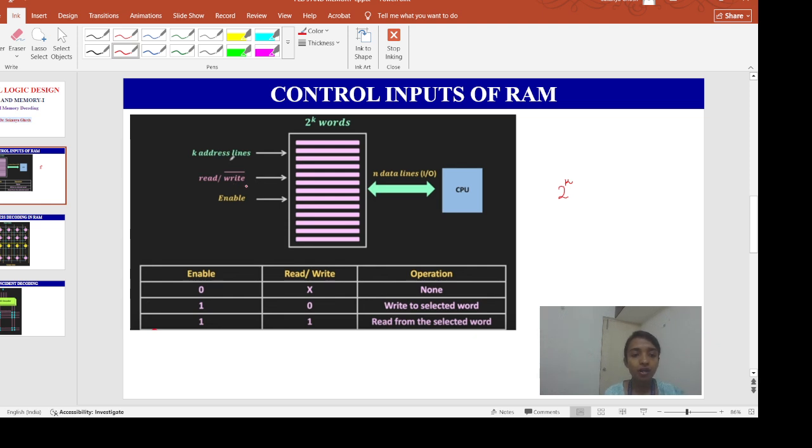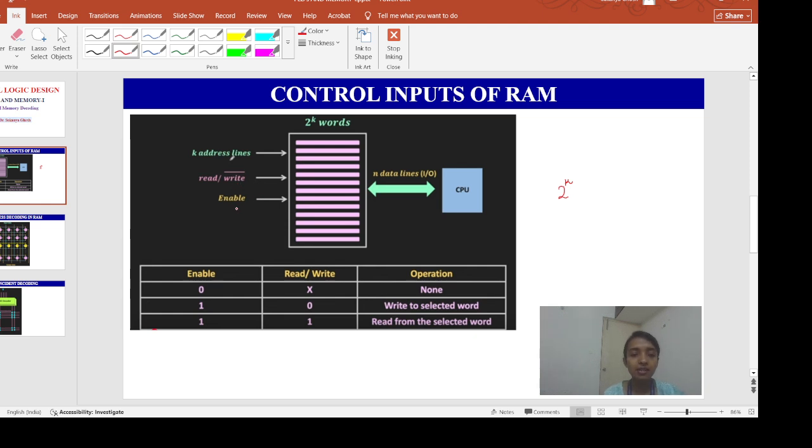In RAM, the same data lines are used for inputs and outputs, that is, the data lines are bidirectional. And you can see over here there is an enable control signal. The enable control signal selects the memory, and the read-write control signal selects the operation.